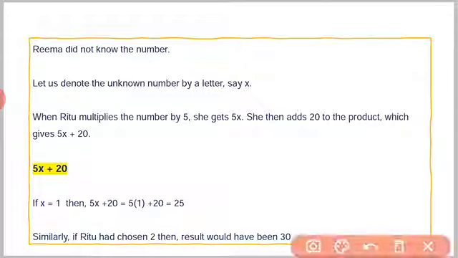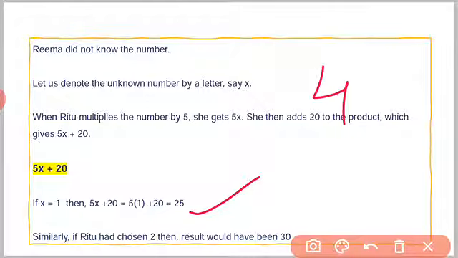So here we see how Rima was able to tell the correct answer. What she did is, in the place of x, she tried to put the value 1. When she put the value 1, what she got? The answer 25. But this was not the answer that Ritu got.